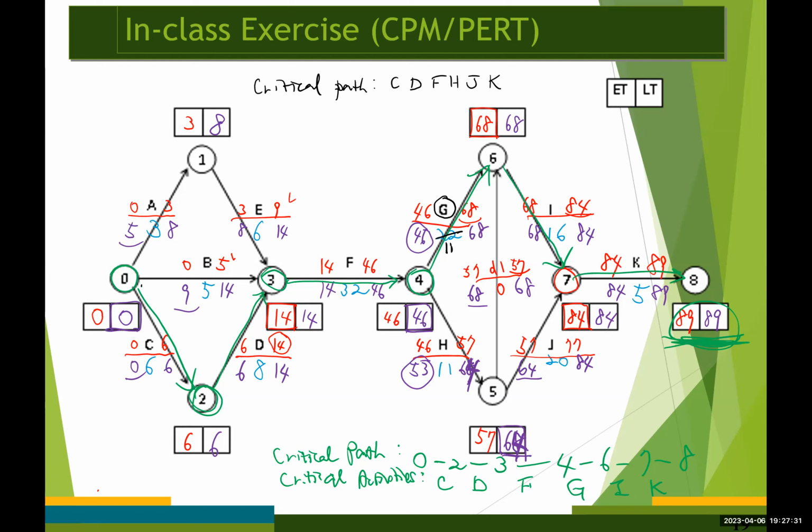That's going to be C, D, F, this time H, J, K. That's the new critical path. And the completion time in this case will be reduced to 82 days, from 89 days.